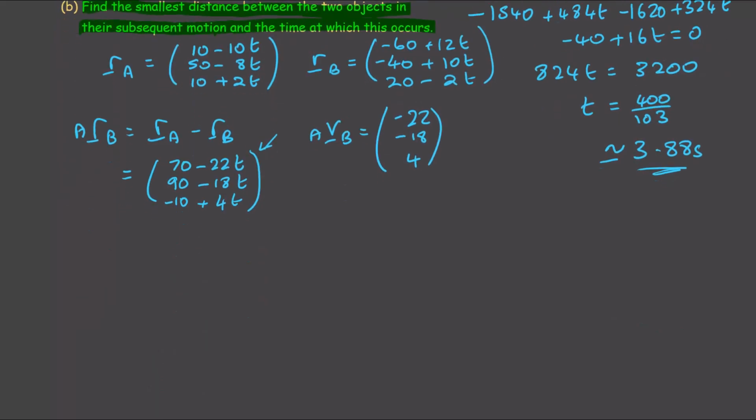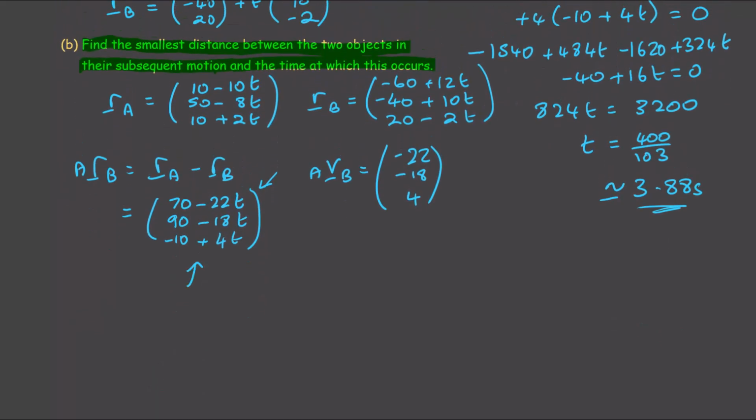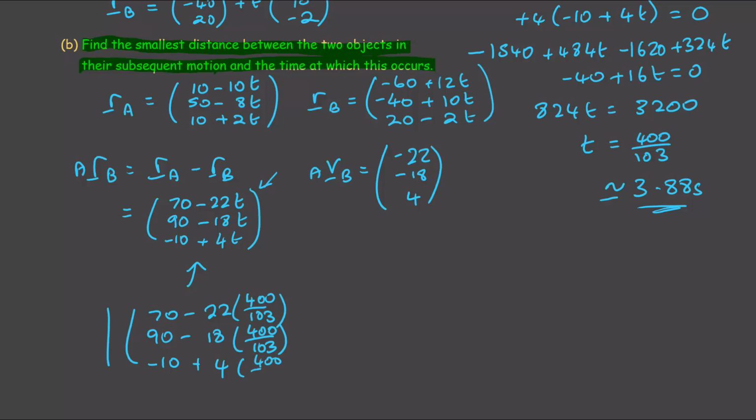Now all we need to do is substitute back into here. We want the magnitude of 70 take away 22 times 400 over 103, 90 take away 18 times 400 over 103, and negative 10 plus 4 times 400 over 103.